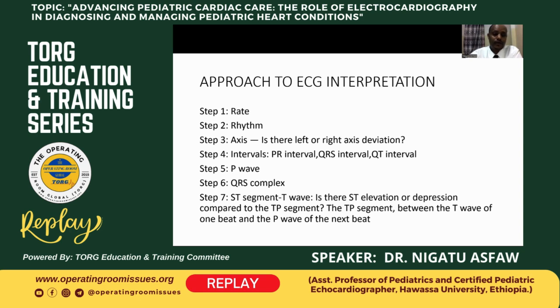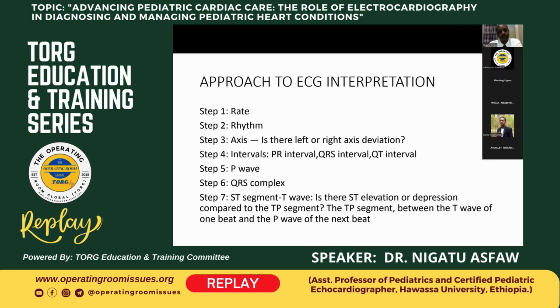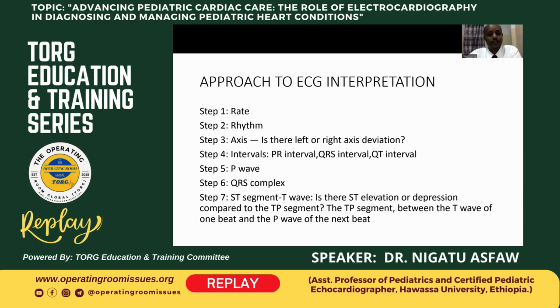When we determine the rate on the ECG paper, it depends on the speed of the ECG paper. If the speed of the ECG paper is 25 millimeters per second, we can divide 300 by the number of big squares between the RR intervals.